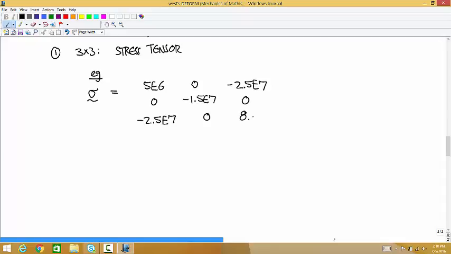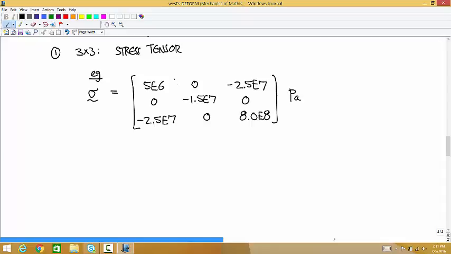One thing to notice about what I've drawn here, and the units, by the way, are pascals, so like newtons per meter squared, or any units of force per area. So you could also do it as pounds per square inch, or kilopounds per square foot or whatever.